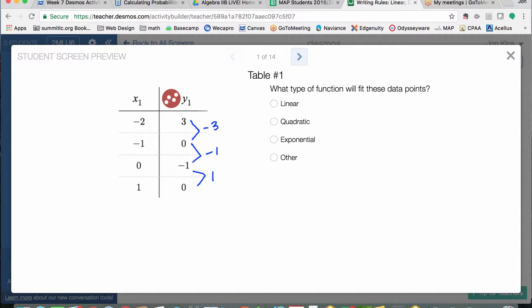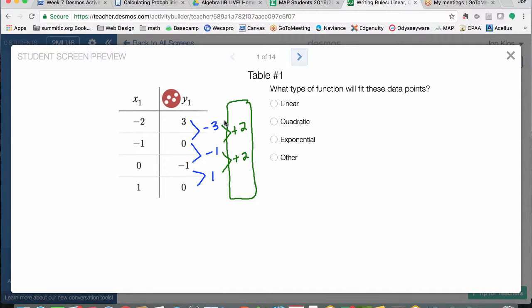They're not all the same yet, but with quadratics, if I take the difference again, they'll be the same. From -3 to -1, that's an increase of 2. From -1 to 1, that's an increase of 2. And with a quadratic, your second differences will be the same.